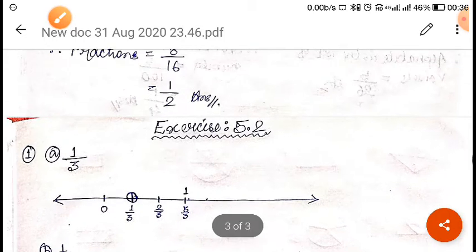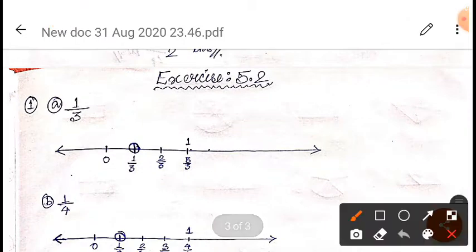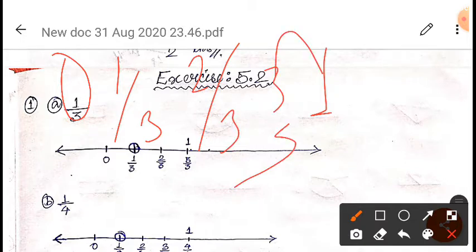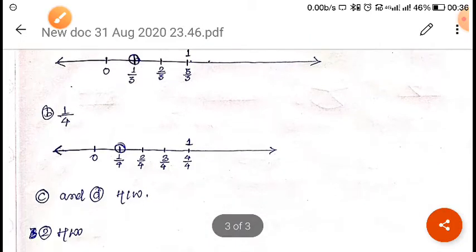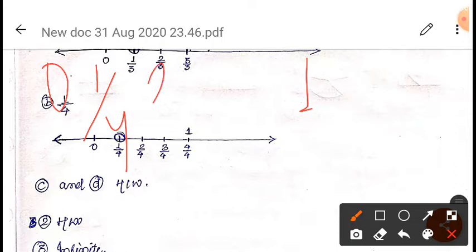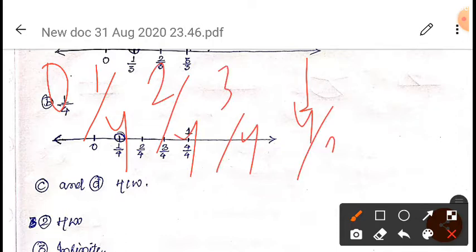When we were talking about 1 by 3, from 0 to 1 it was 1 by 3, 2 by 3 and 3 by 3, and 3 by 3 comes here. In the same way, for 1 by 4, from 0 to 1 it will be 1 by 4, 2 by 4, 3 by 4 and 4 by 4 will come here, right?